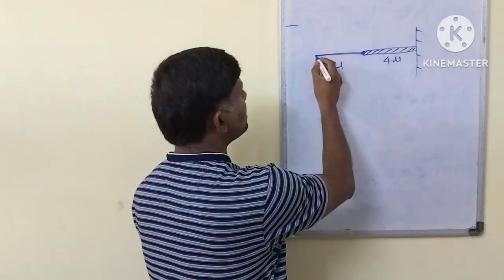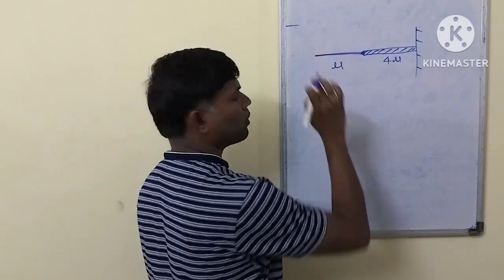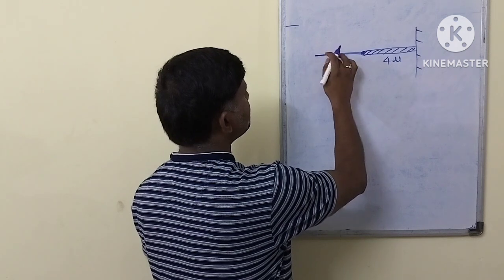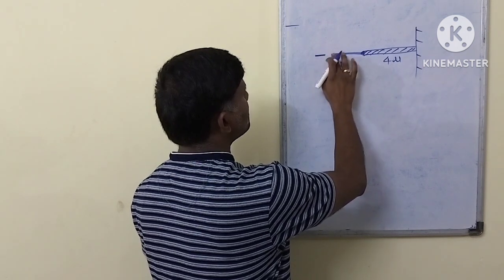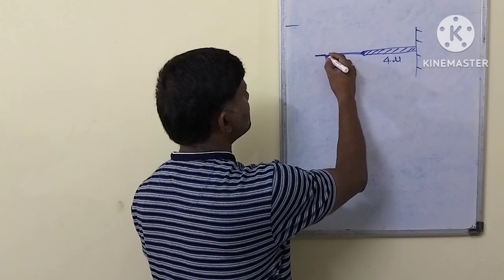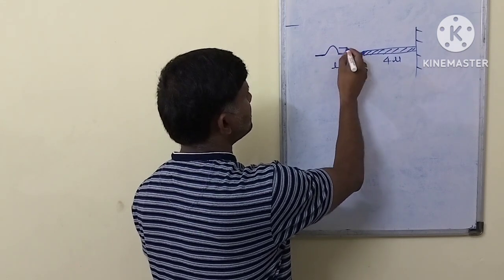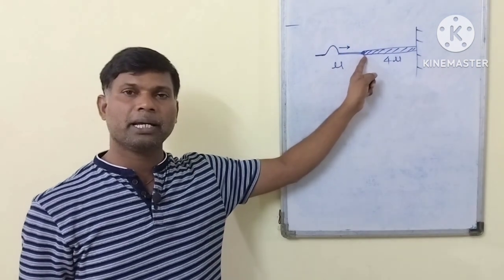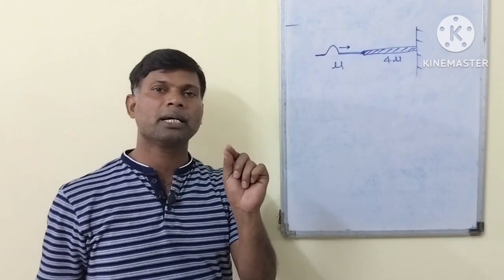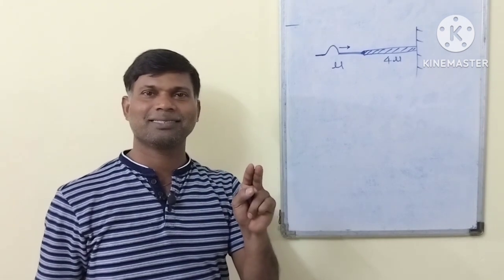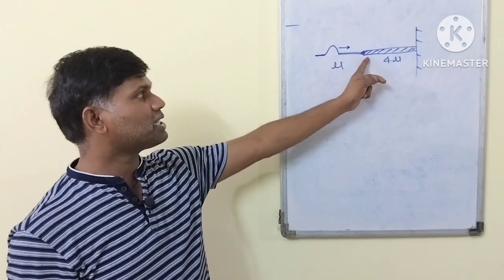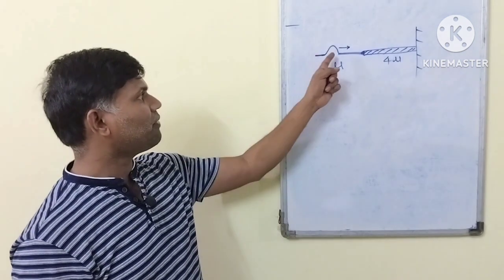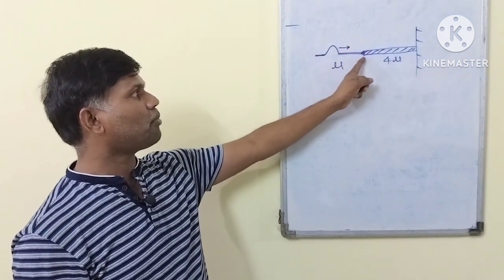Now the wave is traveling from string 1, suppose along this direction. When it reaches this boundary, a point which separates the two strings, how does it behave?